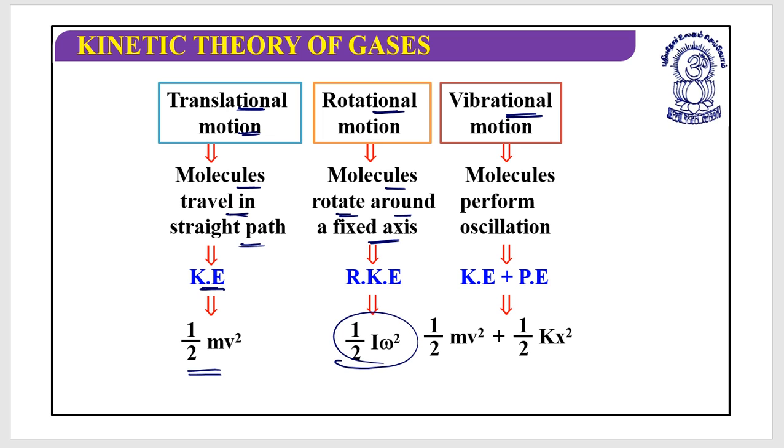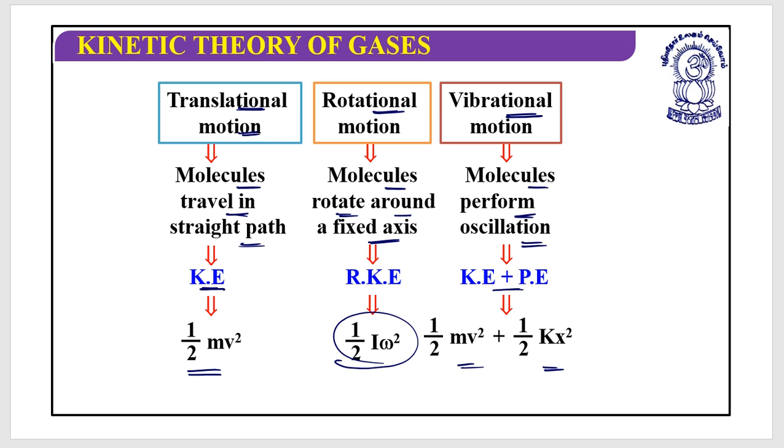In vibrational motion, molecules perform oscillation, and the energy is half m v square plus half k x square. I hope this is clear. Do you have any doubts in this?